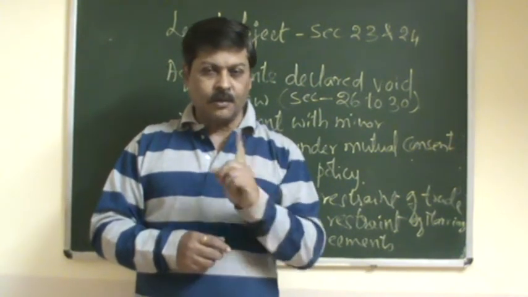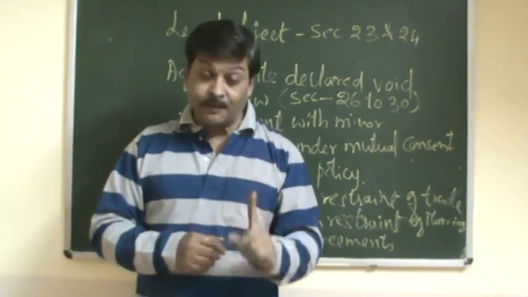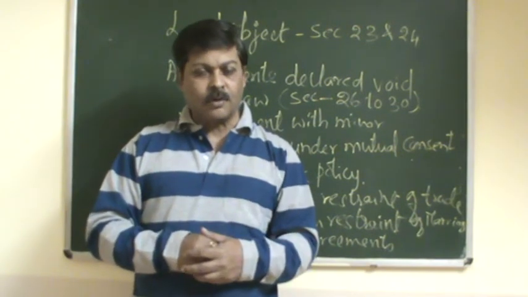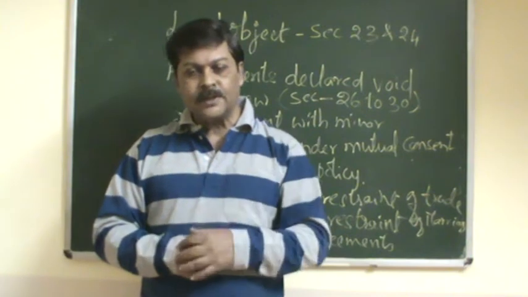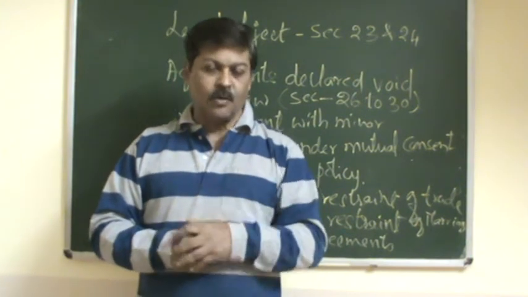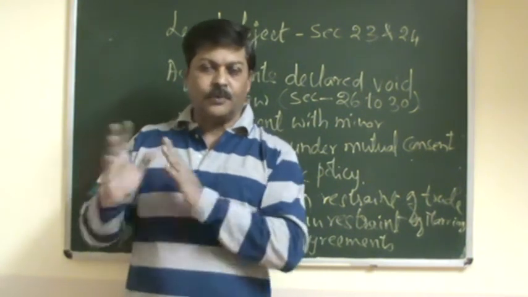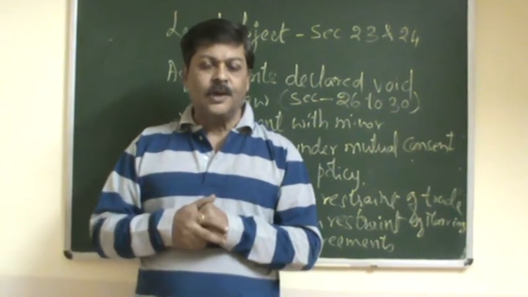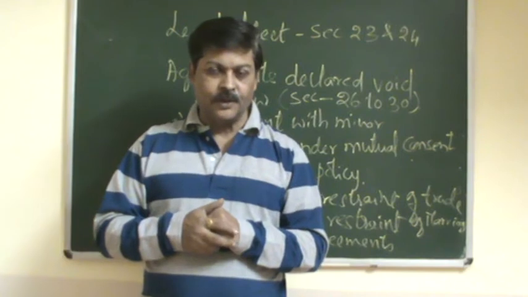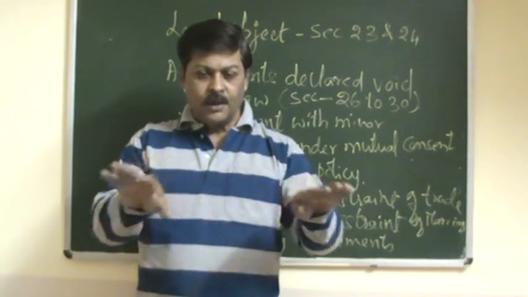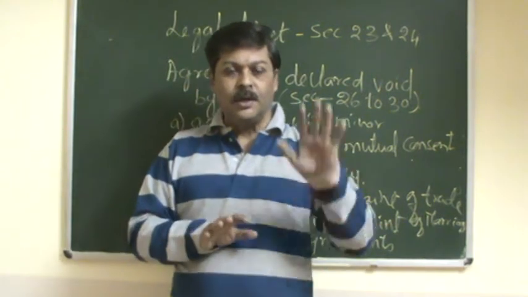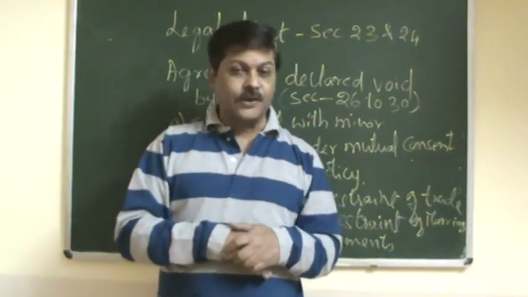What is a contingent contract and what are quasi contracts? Examples for that. Whether contingent contracts are enforceable or not, and whether quasi contracts are enforceable or not, we will discuss in our next class, which are important from your examination point of view. So today we will try to complete the elements which make a contract a valid contract.